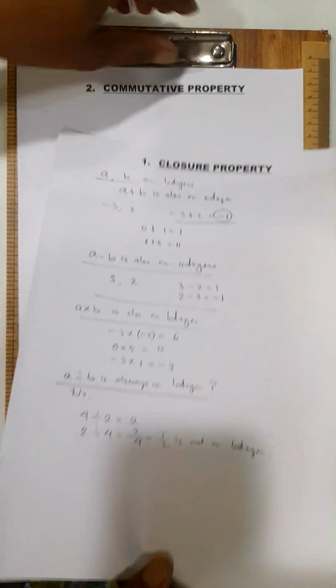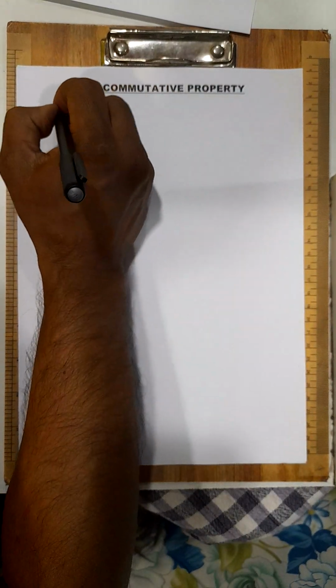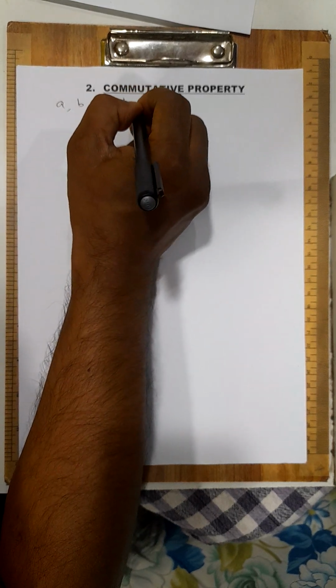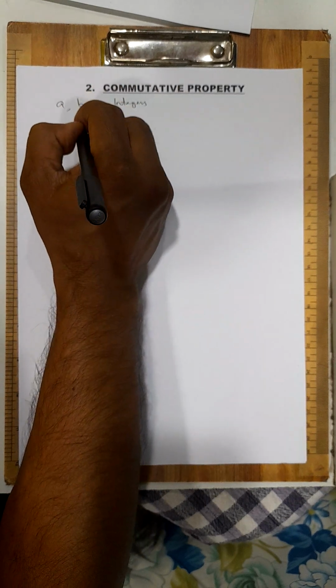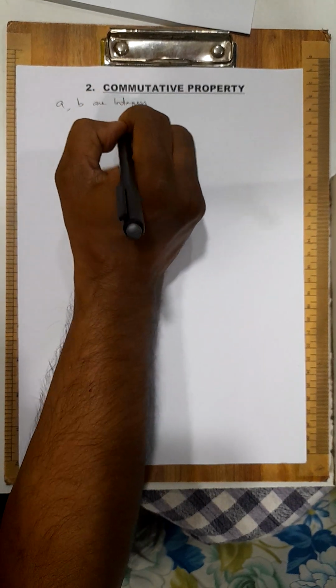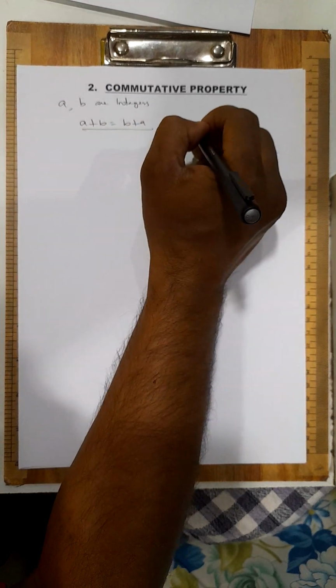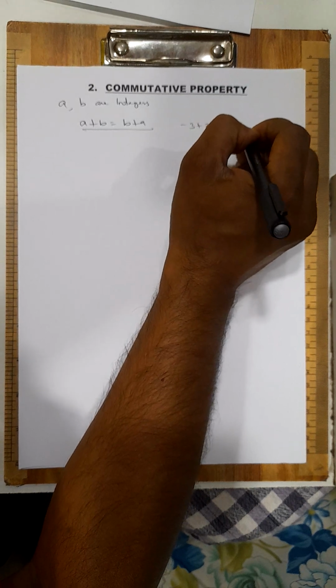Now let's come to the property, commutative property. Say a and b are two integers. Then you see a plus b is equal to b plus a. It is always true. Minus 3 plus 2 equal to 2 plus minus 3.